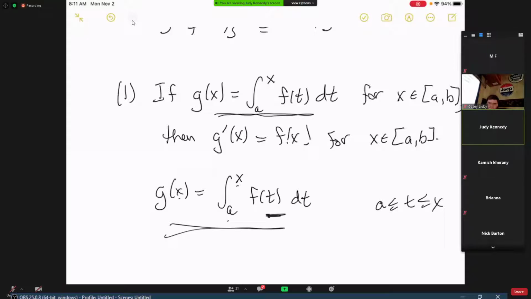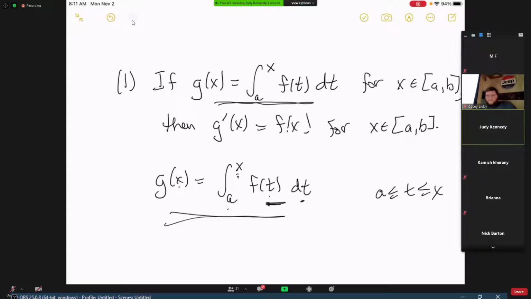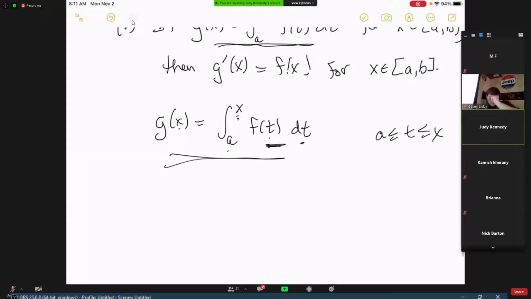So an endpoint, the letter used for an endpoint, you never want to use as a letter inside the integral. Because the inside letter, the t, is trying to tell you about what's happening for all the numbers between a and x.